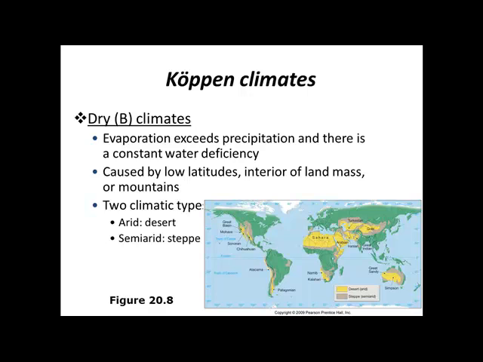Additionally, they exist around mountain areas. Mountains cause orographic lifting, which cause rain on one side of the mountain and a rain shadow on the leeward side of the mountain, which causes the dry climates. You can see the locations in yellow and in gray on the map where these dry climates exist.